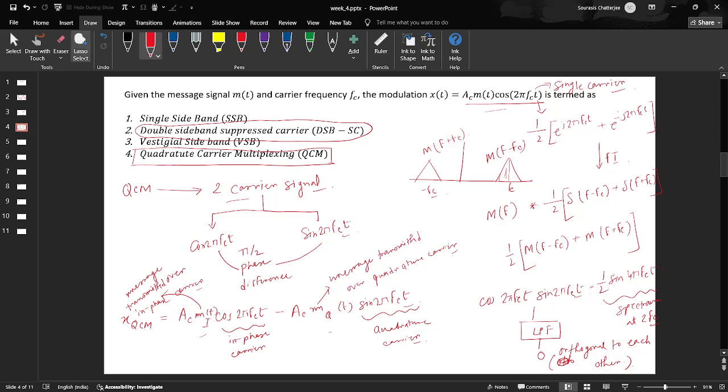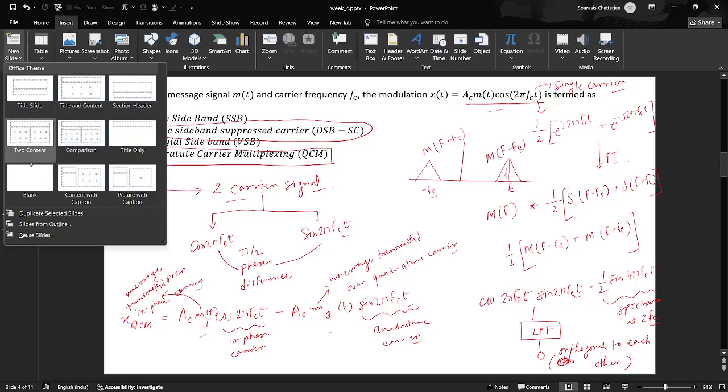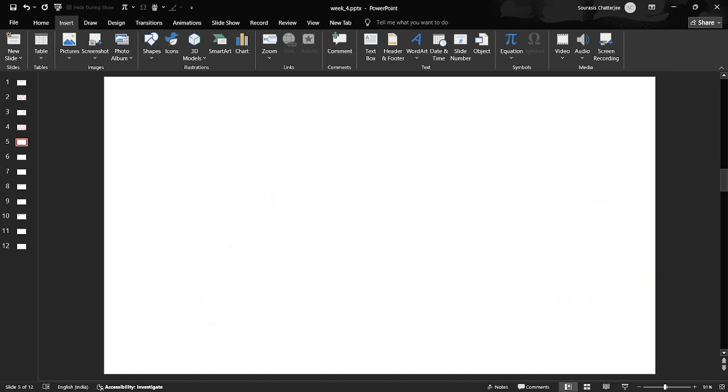Of course the next immediate question that comes to mind is, okay, you are using two carriers, transmitting MQ and MI. MI is the in phase signal and MQ is the quadrature signal.